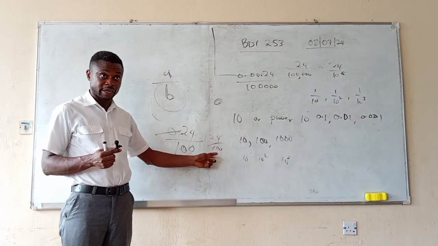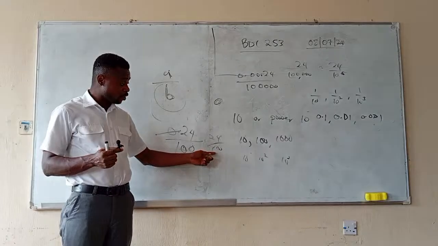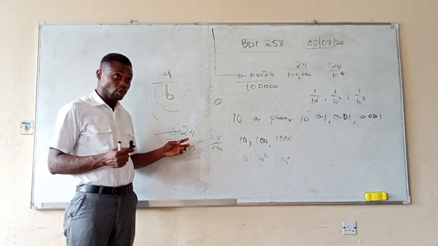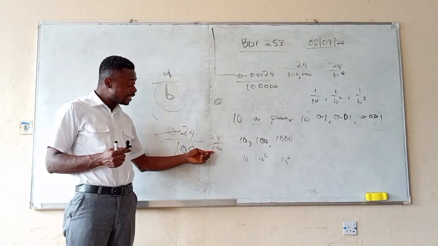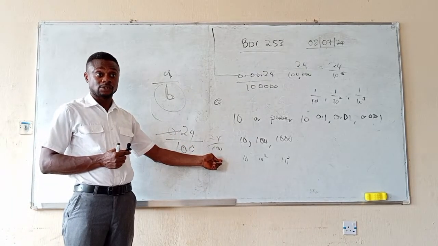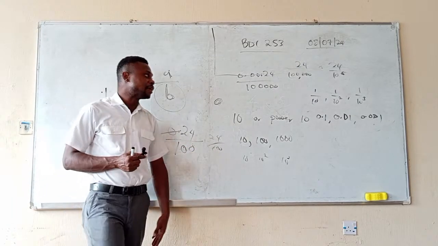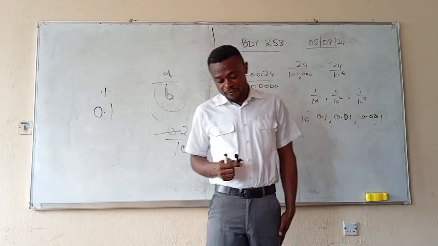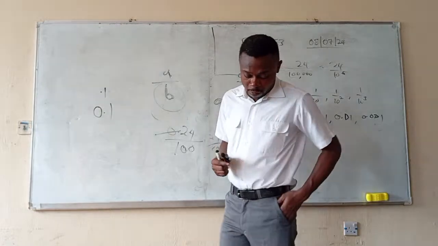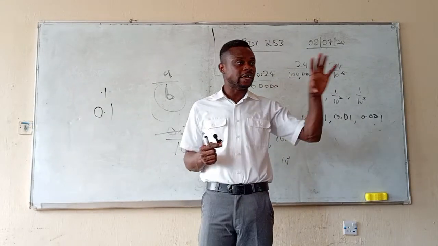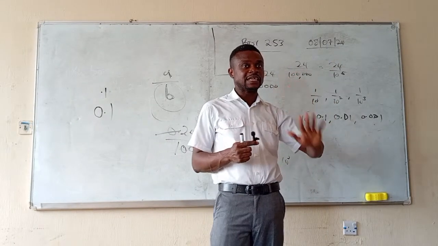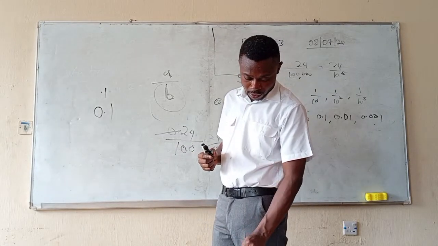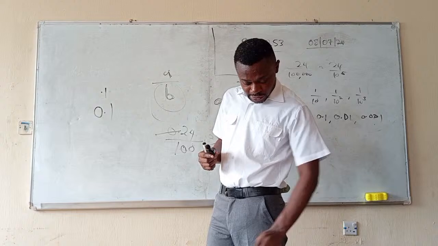Even though it's still the same, for it to be confirmed, you divide and get to the lowest term. So that's the point I'm making: you need to know how to convert decimal fraction to common fraction. We pick some questions that will point out these things. Let's see how far we can go.